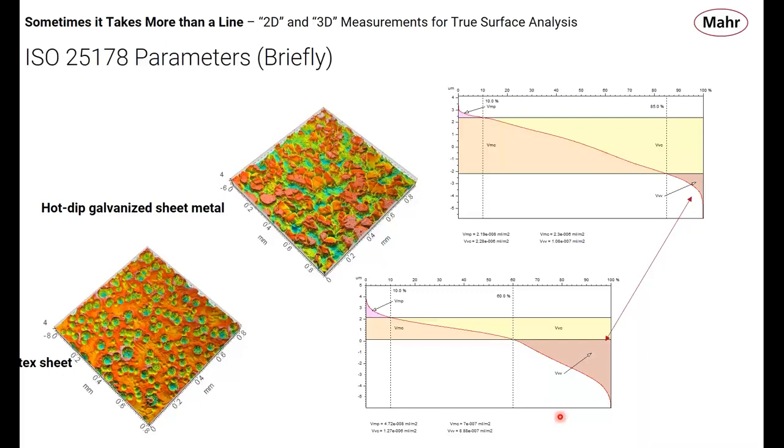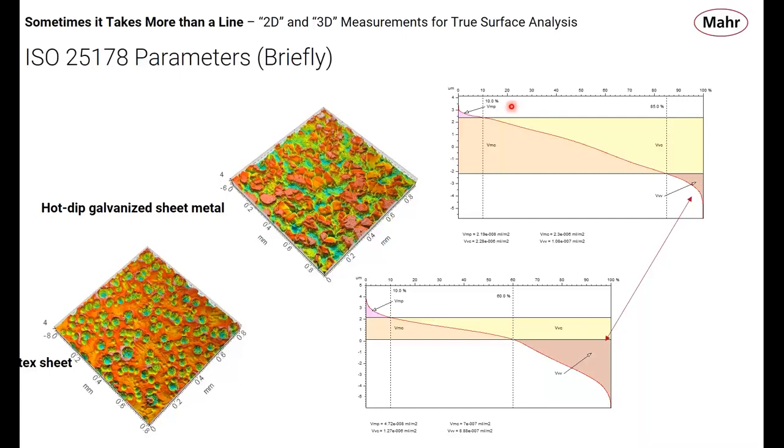If we take these data off an Abbott-Firestone curve that looks exactly the same but is from a 2D data set, we can calculate this, but we cannot call them volumes because we don't have volume information. We have cross-sectional area information. So it's a subtle but very important difference. It looks very similar, but it's not.